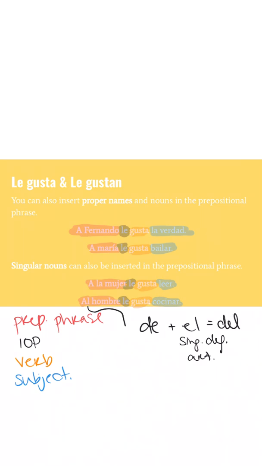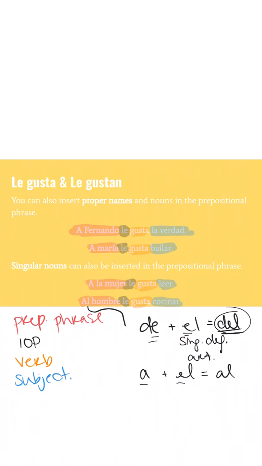I hope we remember that one. The only other contraction in the Spanish language is a plus the singular definite article el. They don't like that sound next to each other, so they combine it to be del. Here, they don't like the a el. It's a bit of a mouthful, and so they put those together as al.